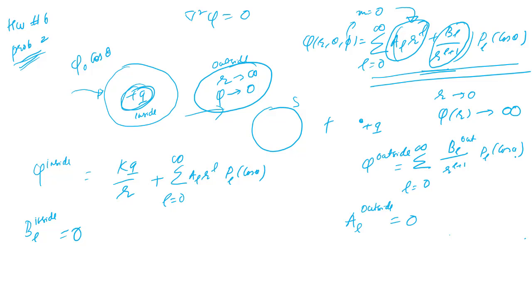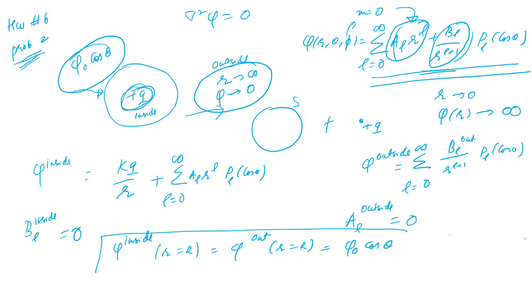We are given the boundary condition that at r equal to R, we have phi 0 cosine theta. So phi inside at r equal to R should be equal to phi outside at r equal to R, which should be equal to phi 0 cosine theta. This is our boundary condition.